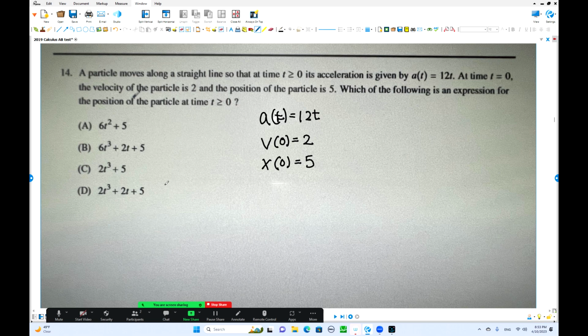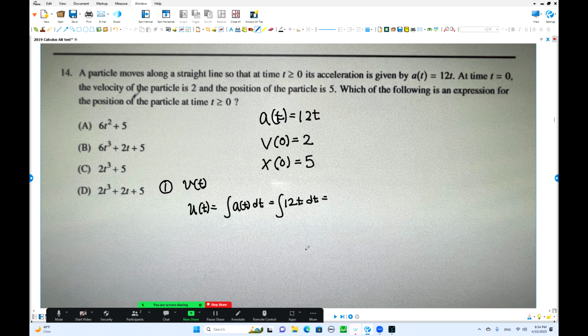I'm going to give you two ways, and usually we use this one. First, you're going to find the velocity function. Velocity is the integral of acceleration, so the integral of 12t dt.